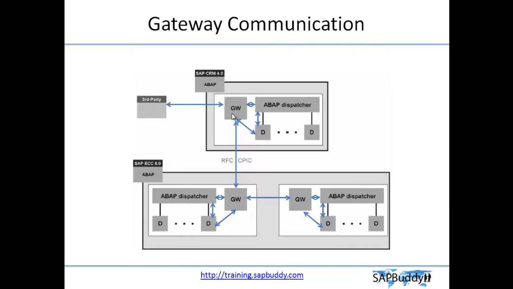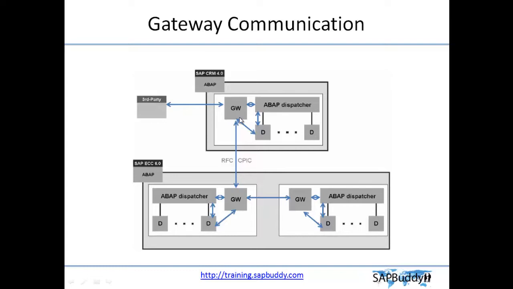So you can also install the gateway as an instance. In general, you will also use the gateway for RFC as well as CPIC communication. If you use an external gateway, it's quite easy to manage the gateway properly. Then you can monitor how many RFC calls and how many incoming calls are coming to your system. That's the reason we use gateways.